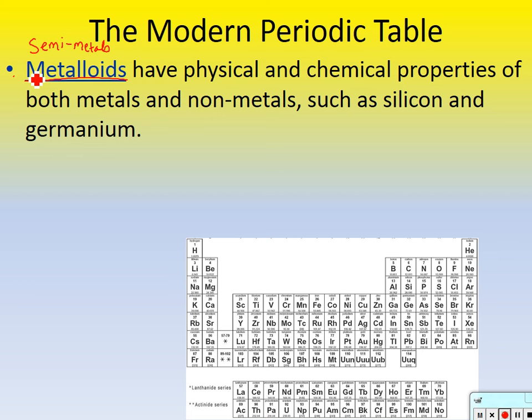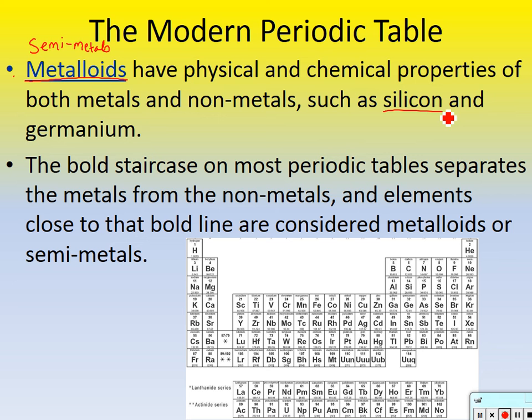The metalloids have chemical and physical properties of both the metals and nonmetals. So they behave kind of like a metal, but kind of like a nonmetal. If they're in between, we call them a metalloid. An example of a metalloid is silicon, and germanium. We'll talk about those later.